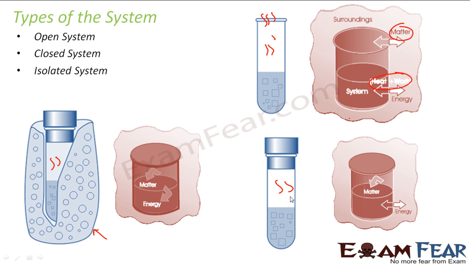In the closed system, this is my system and this is my surrounding, there is a transfer of energy between system and surrounding, but the matter is not transferred. Here, in the isolated system, neither matter nor energy will be transferred between system and surrounding. So there are three different kinds of systems we deal with.